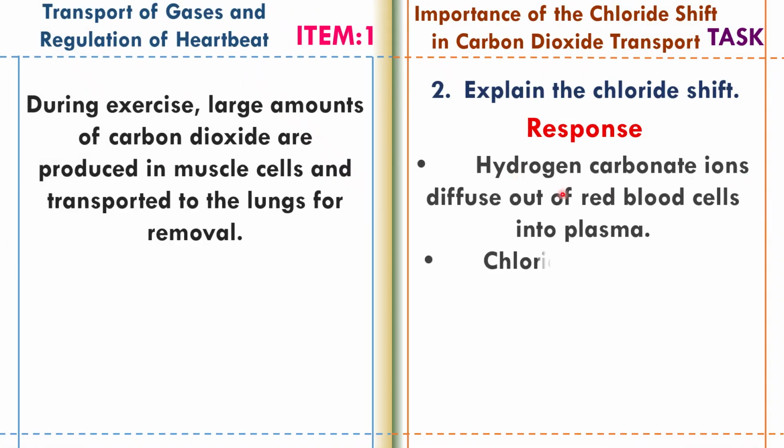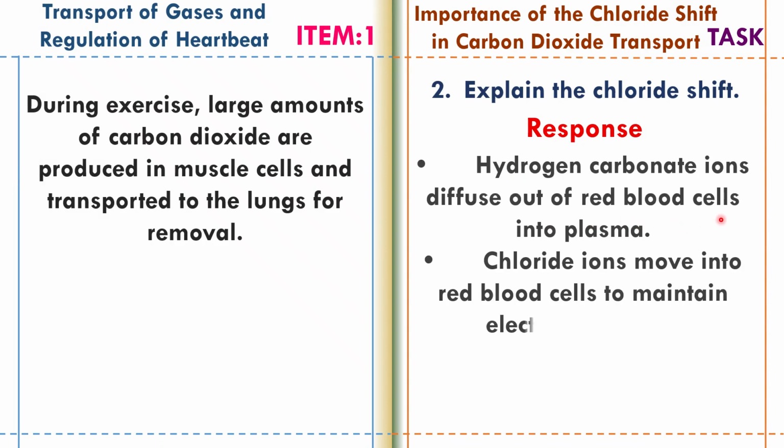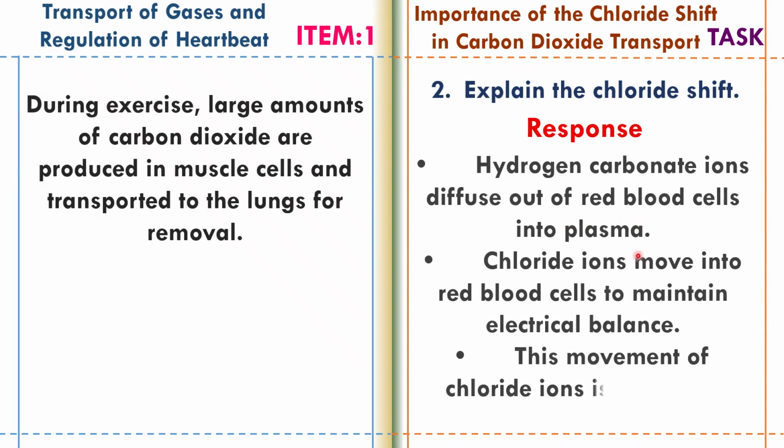Hydrogen carbonate ions diffuse out of the red blood cells into plasma. Chloride ions move into the red blood cells to maintain electrical balance. This movement of chloride ions is called the chloride shift.